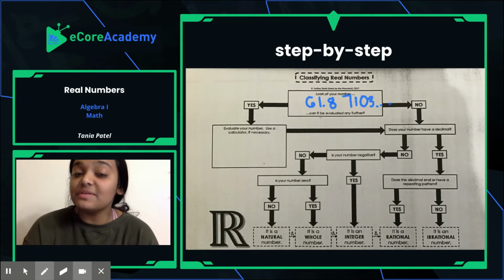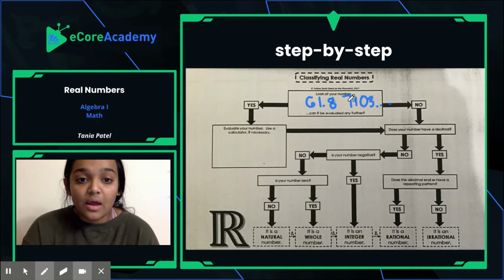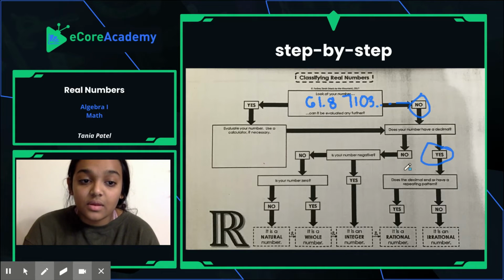Therefore, I think it's safe to say that this is an irrational number, but let's follow the chart and see what it tells us. So first of all, can we evaluate this any further? Not really. This is already in decimal format, so it's a no. Does your number have a decimal? Yes. Does a decimal end or have a repeating pattern?